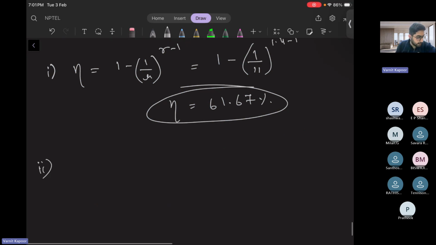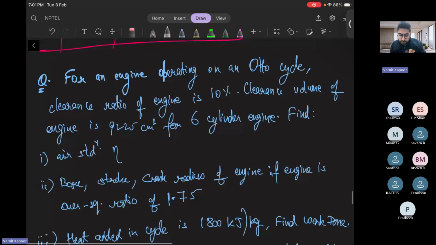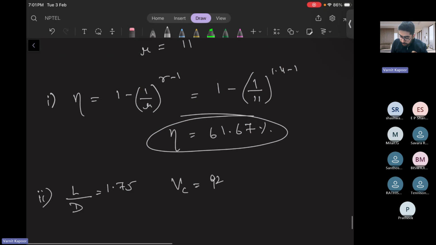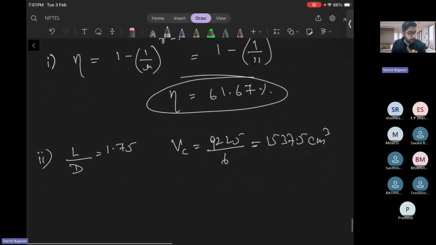In the second part, we are also given the clearance volume as 9225 centimeter cube for 6 cylinders. So for one cylinder, it will be divided by 6, that is 1537.5 centimeter cube for each cylinder.